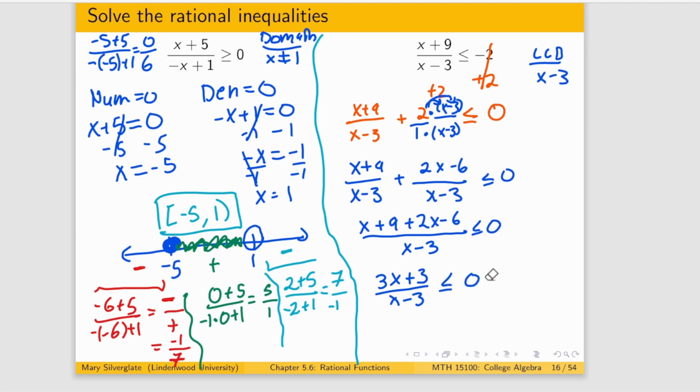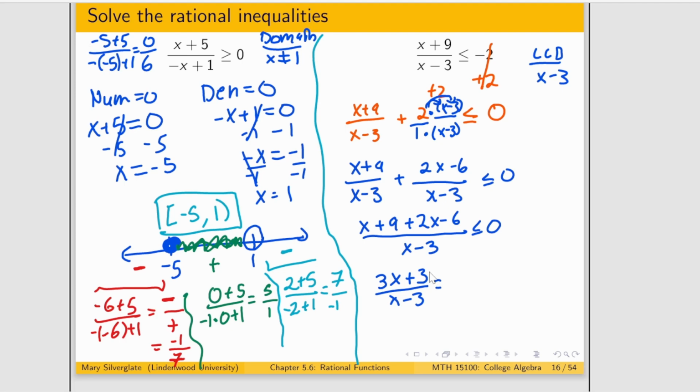I may also note that that numerator does actually factor a little bit, because between 3x and 3 is a greatest common factor. 3x divided by 3 is x. 3 divided by 3 is 1. And I might just rewrite him that way because it's a little bit nicer to see what those testing points are going to be. And this is my inequality written in the way that will actually allow me to solve him more easily.